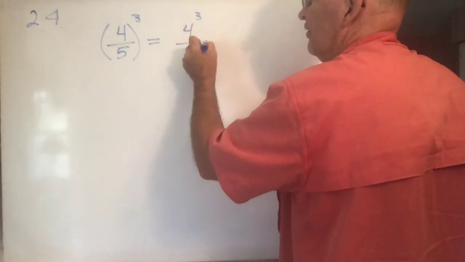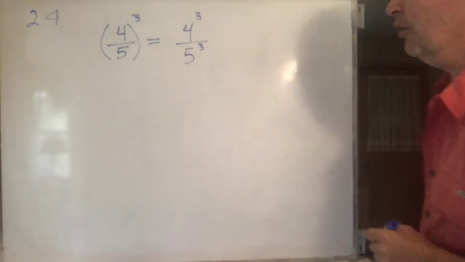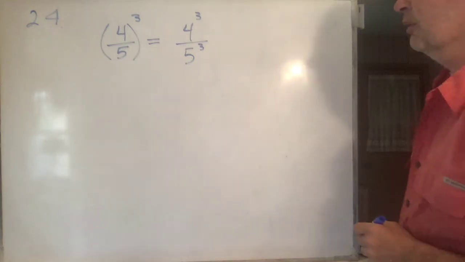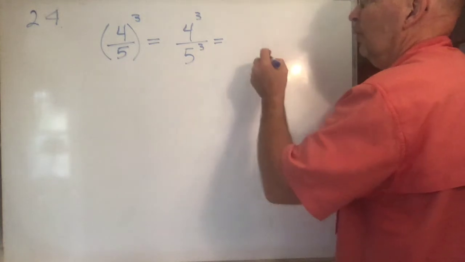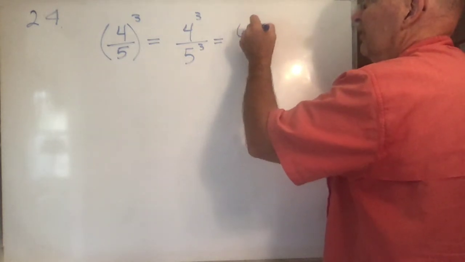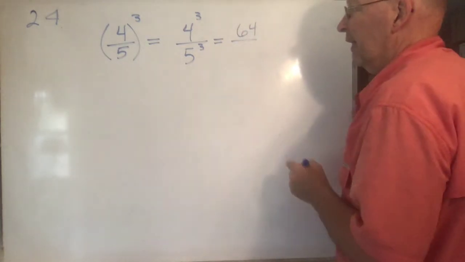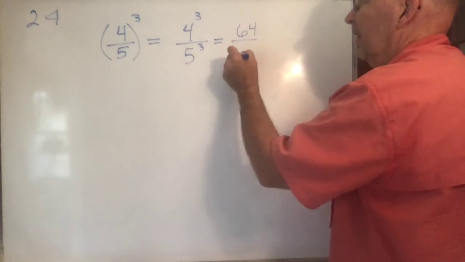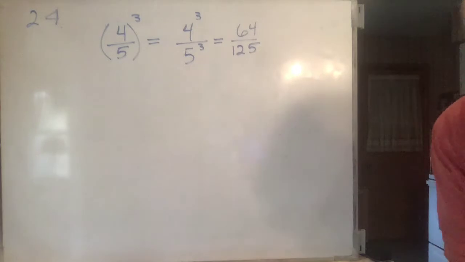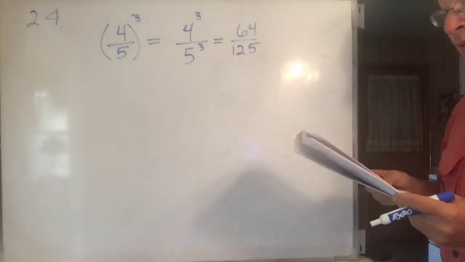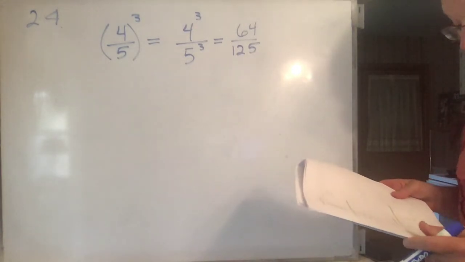So you just basically distribute that 3 all the way through. That's all there is to it. And then you just do what it says. 4 times 4 times 4 is 16 times 4, which is 64. 5 times 5 is 25, times another 25, times another 5 is 125. So 64 over 125. There you go.